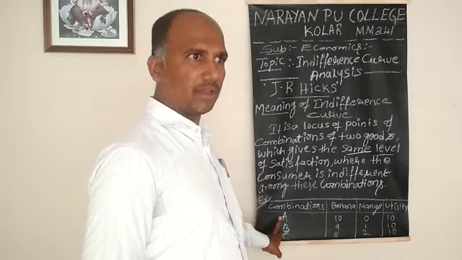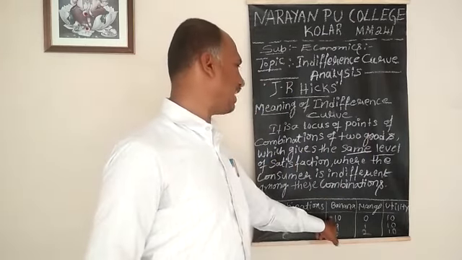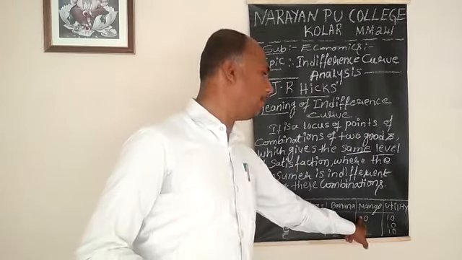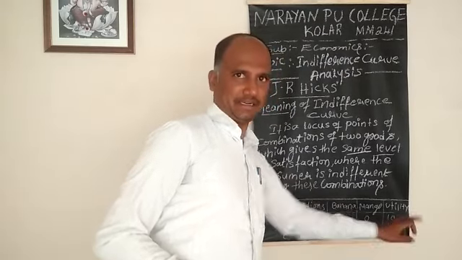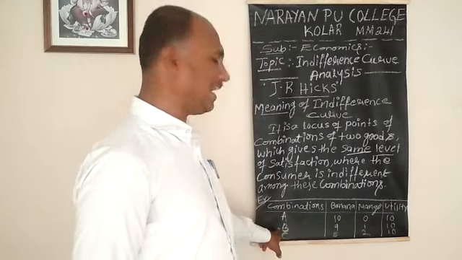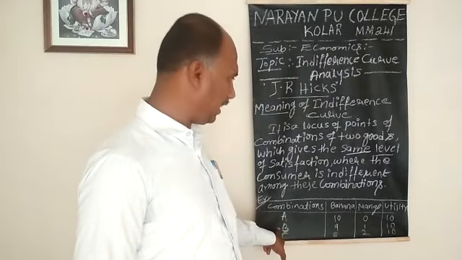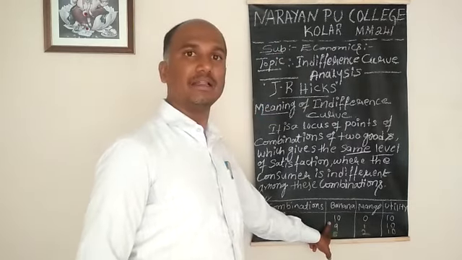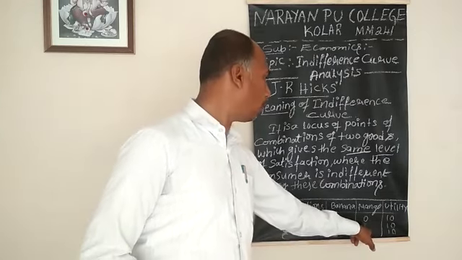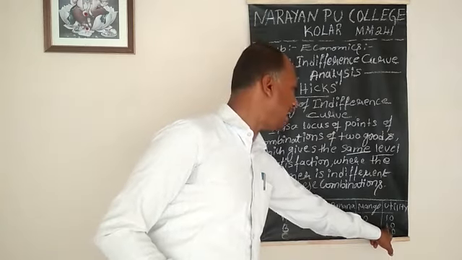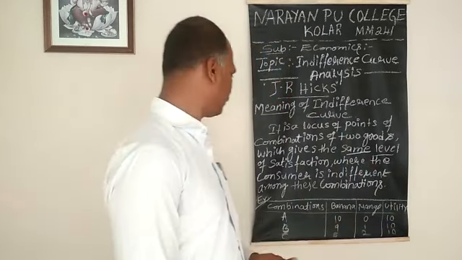In combination A, the consumer is getting 10 bananas, 0 mangoes, utility is 10. In the second combination B, the consumer has 9 bananas, 1 mango, again utility is the same, 10.